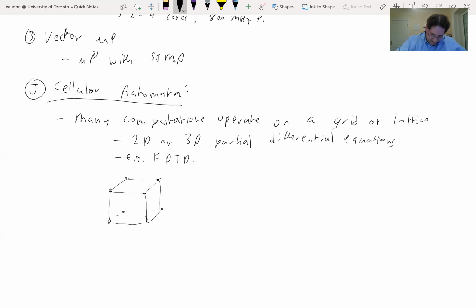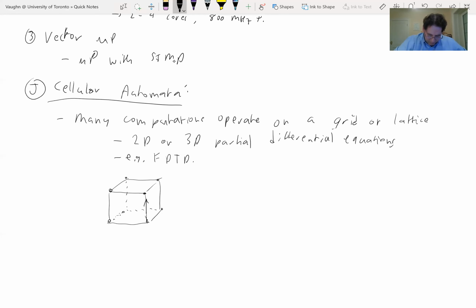This is a tiny piece of a lattice that would define the volume where I'm trying to solve for field quantities. So let's say I'm trying to solve for the electric field and the magnetic field. So I've got time varying electric and magnetic fields, and I want to solve for them throughout some space, maybe an antenna.